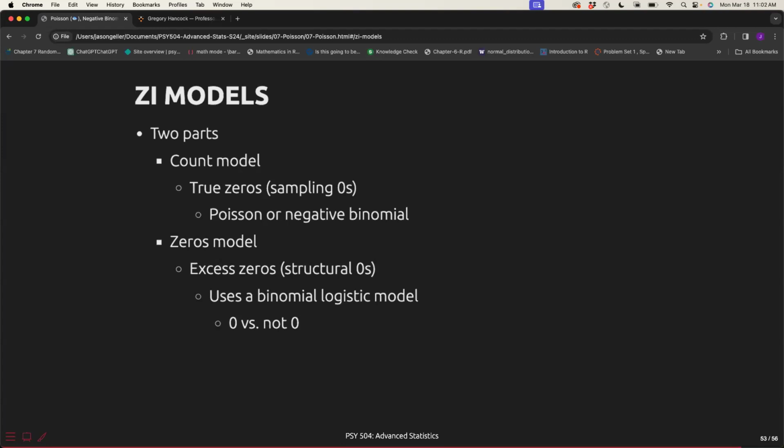Or do we want to account for that? What predictors influence whether someone comes to class or not, right? I think it's important to figure out that process, right? So there might be things like socioeconomic status that predict whether individuals always come to class or not, right? There might be a whole bunch of factors that influence whether you come to class or not. And I think it's important to model that. And zero-inflated models allow us to do that all within the same mixture model here.